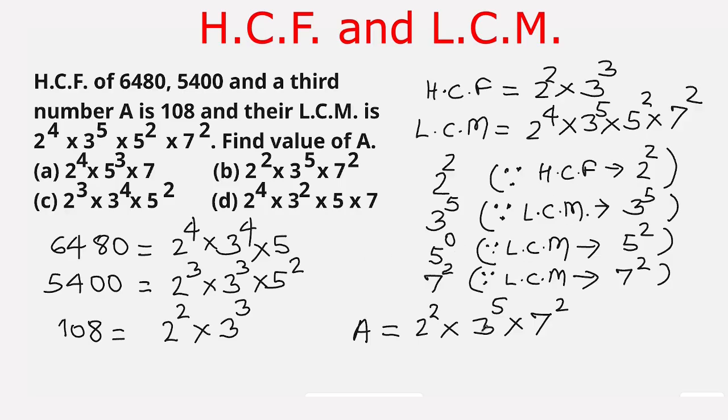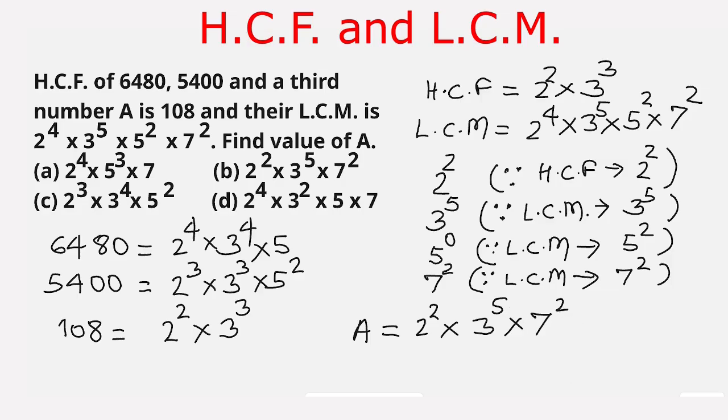So whether our number A has the power of 5 or not, it doesn't matter. To match option B, I have taken the power of 5 as 0, which gives 1. So A has the value 2 to the power 2, 3 to the power 5 and 7 to the power 2.